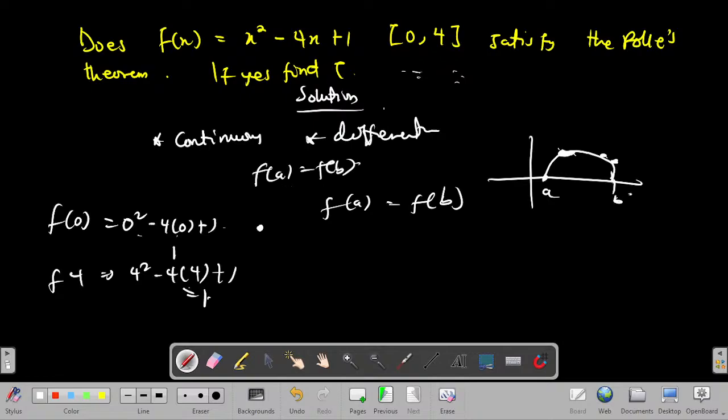So how do you find the value of c? We find f prime at the critical point. Take the derivative of the function, and we have 2x minus 4. Then we look out for c, where f prime of c equals 0.